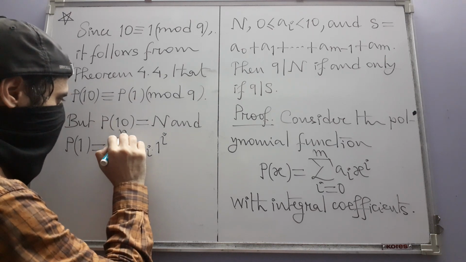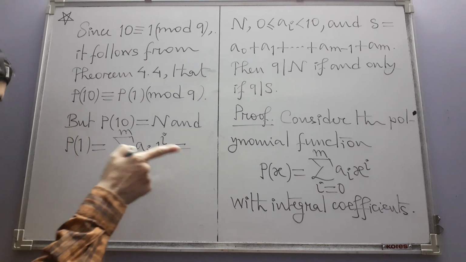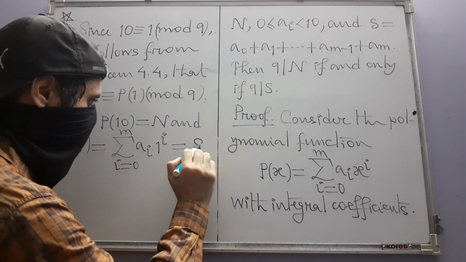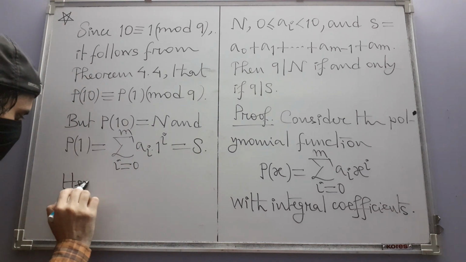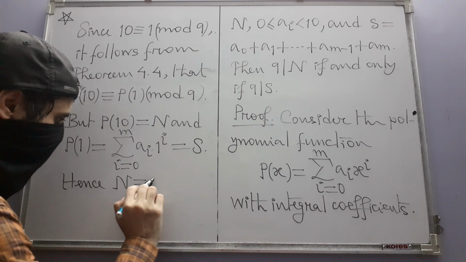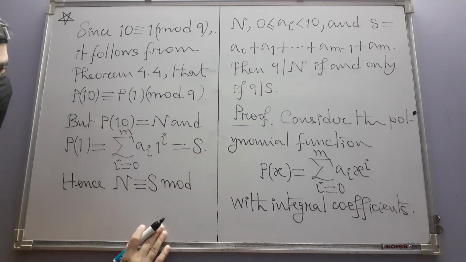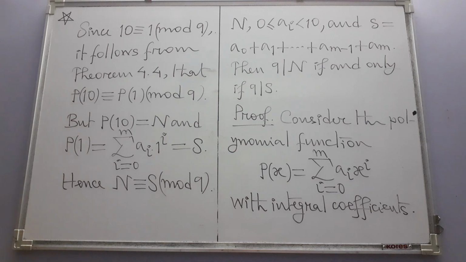So this is nothing but the sum of all the coefficients a_i of our polynomial function, and that in fact is nothing but S. Hence, N is congruent to S mod 9, I hope I have written 9 and not N here.